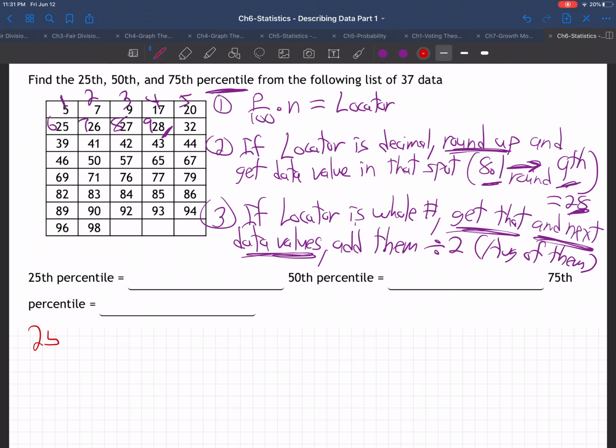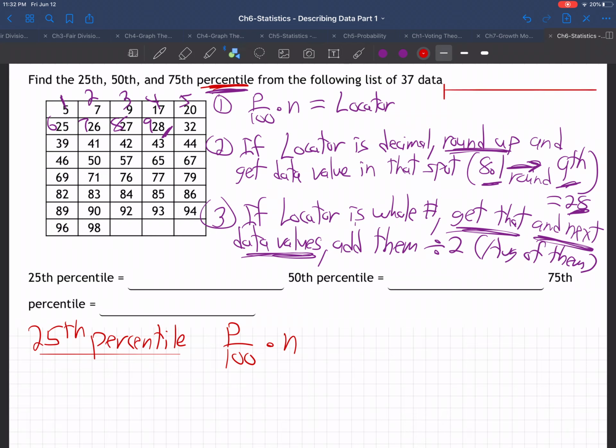So for the 25th percentile, I'm going to take P over 100 times N. And again, let me pause for a second and say, what are we even doing? Percentile is a way of laying out the data from the lowest number to the highest.